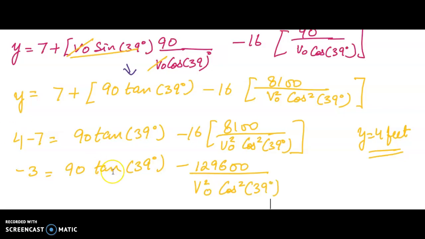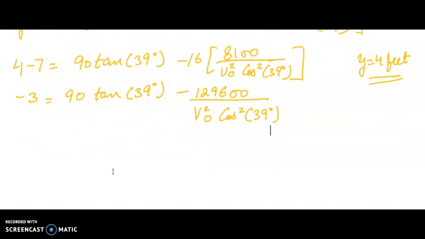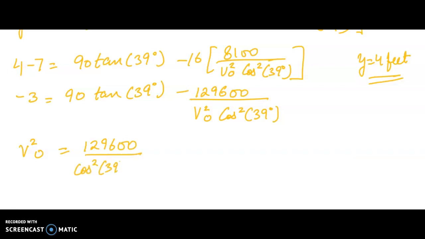Now we will solve for velocity. If I undo the equation, we will get velocity squared is 129600 cos squared 39 degrees times 90 tangent 39 degrees plus 3.